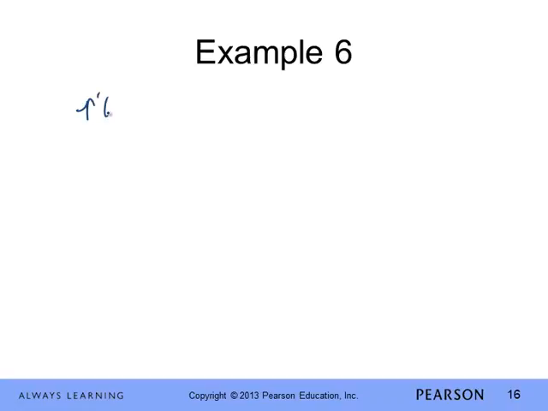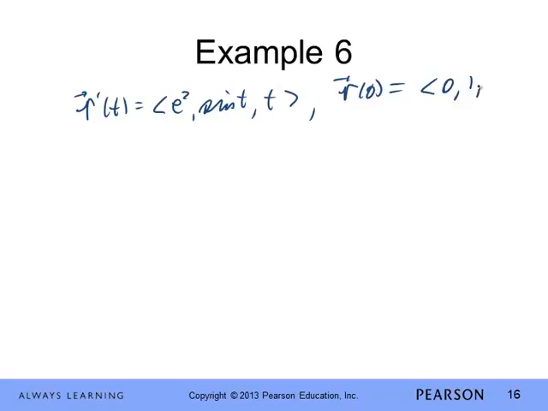We're given that r prime of t is equal to e squared, sine of t, t. But we're also given an initial condition that the initial position r of 0 is at j hat, which I could write as 0, 1, 0.